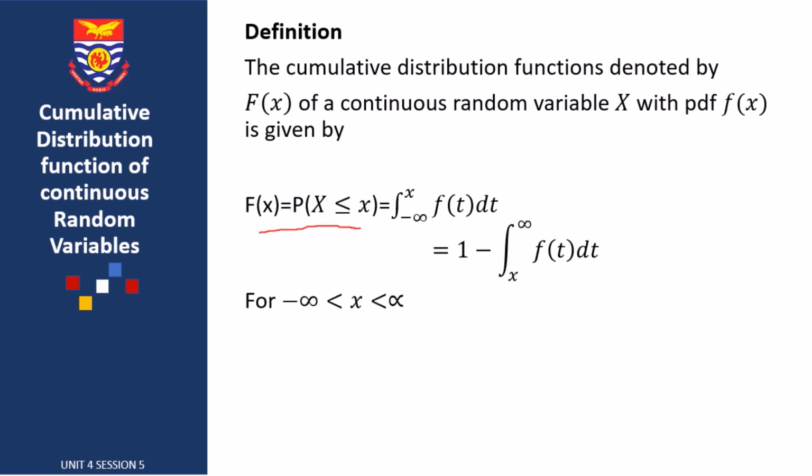This is integrating from negative infinity to x of f of t dt, and conversely this should be equal to 1 minus the integral from x to positive infinity of the same function f of t dt, where x takes values from negative infinity to positive infinity.